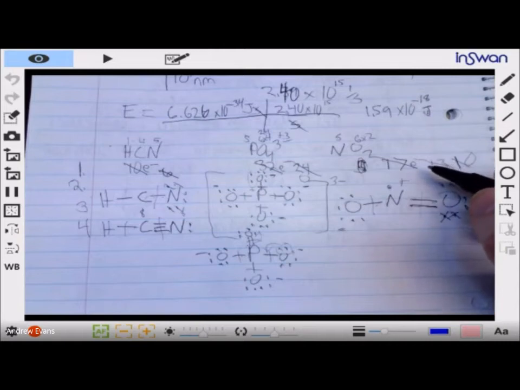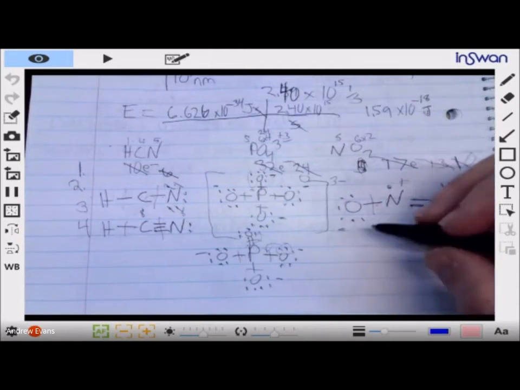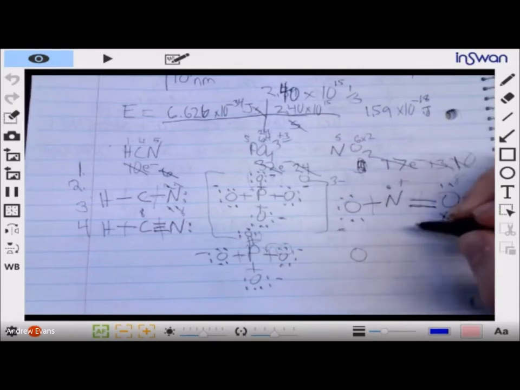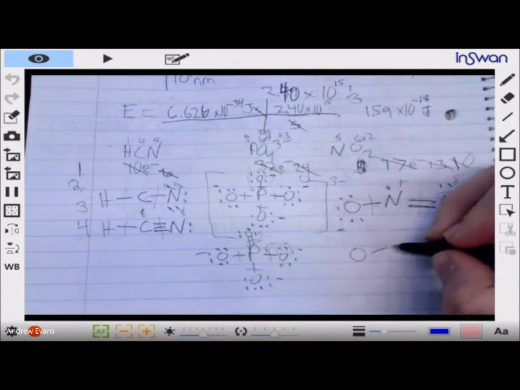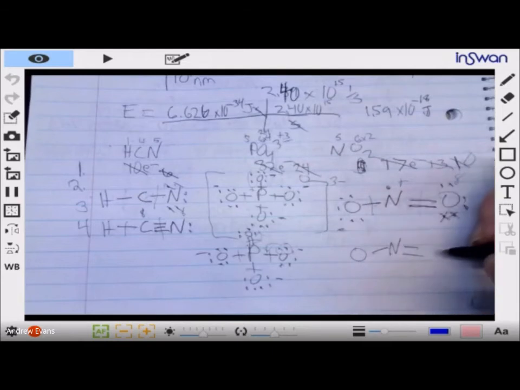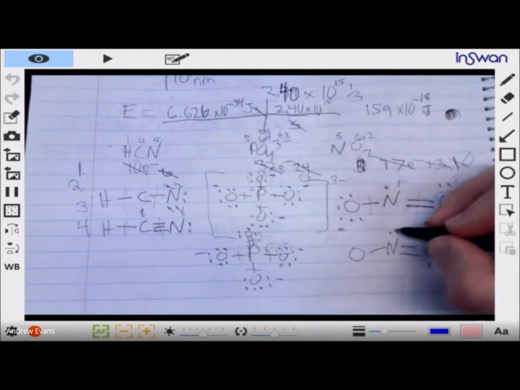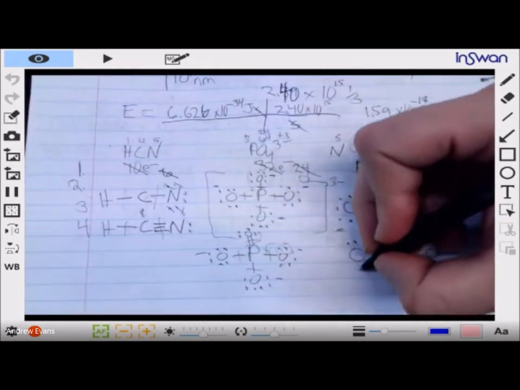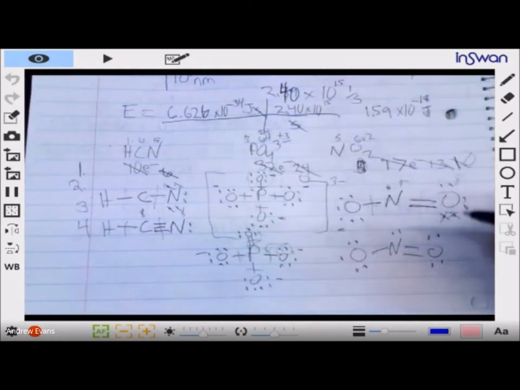However, you could also, hypothetically, draw it like this. Put the double bond lone pair there and put the radical on the oxygen.